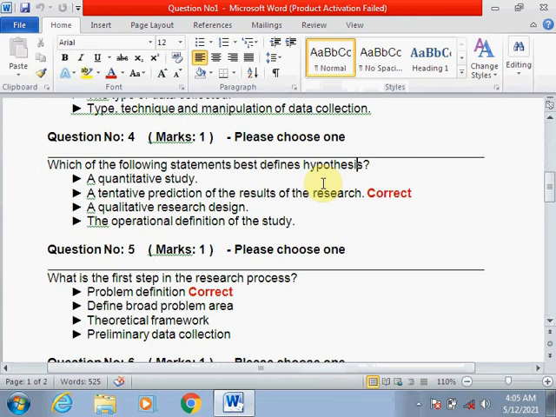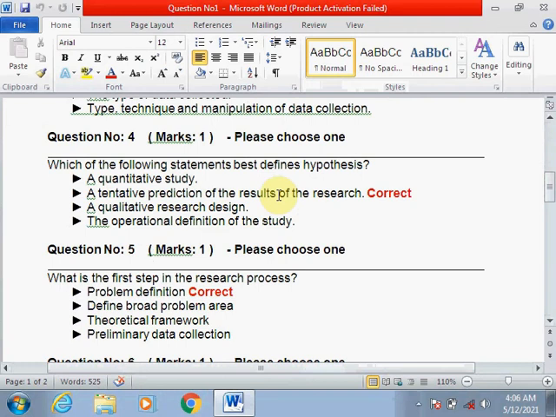Option first, a quantitative study, tentative prediction of the results of the research; a qualitative research design; the operational design of the study. The correct option of this question is second option.